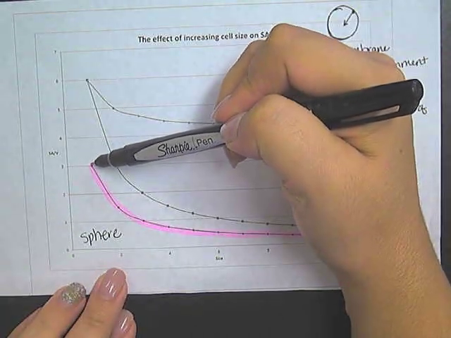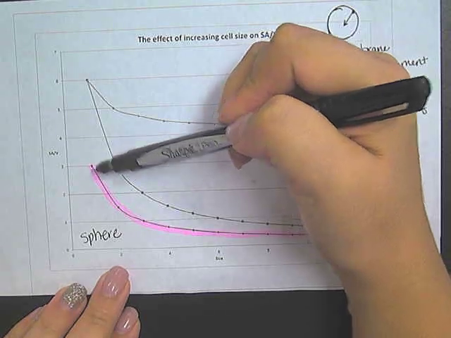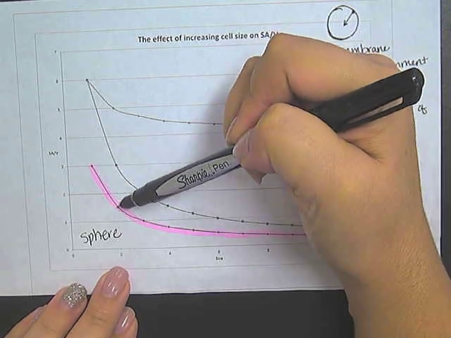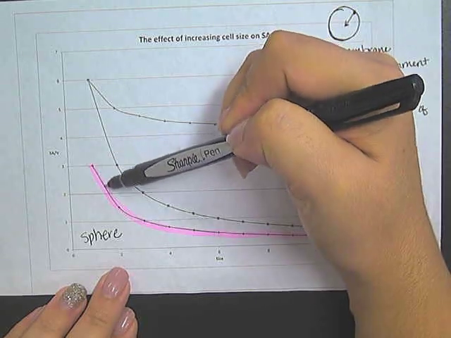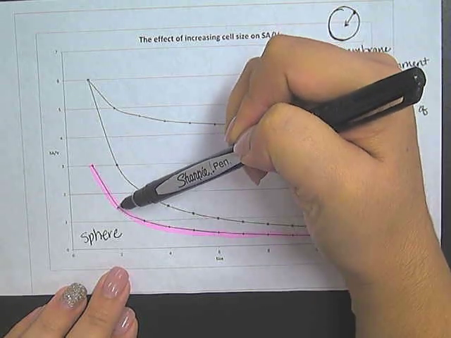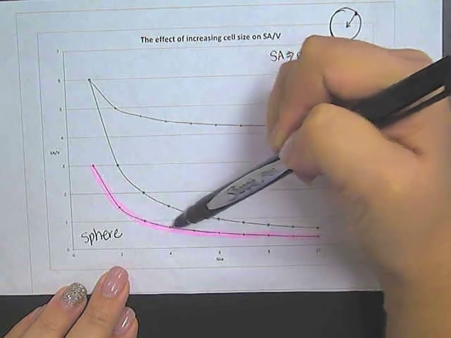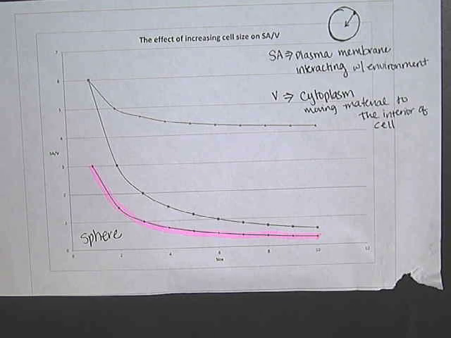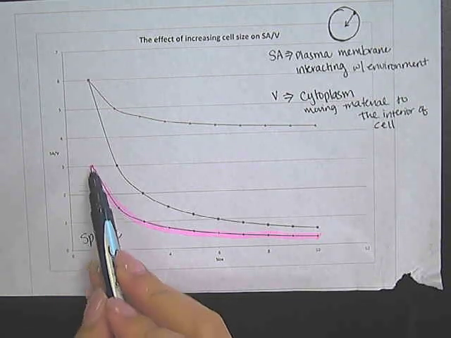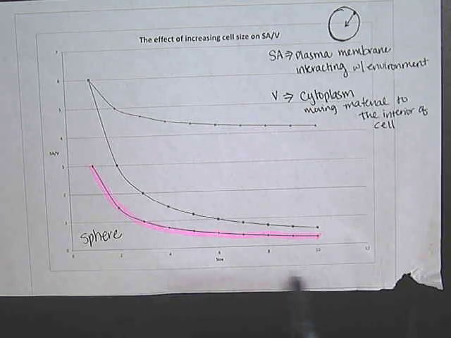And then when the radius was increased to 2, the surface area to volume ratio gets cut in half to about 1.5. So you'll notice a very steep slope on this part right here, still steep, and then it begins to taper off. So that is a sphere, and how the surface area to volume ratio of a sphere-shaped object changes as the size increases.